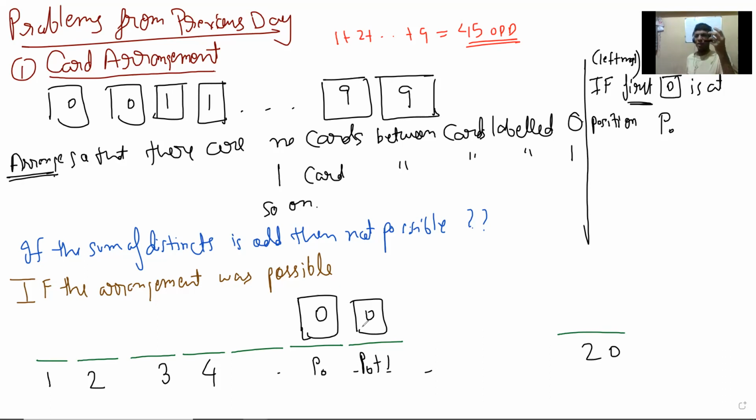To explain that, I don't have to put a label of position and so on, though no harm in putting labels, you have to be comfortable with this. But then the difference between the positions is 1 for cards labeled 0, and for cards labeled 1, the difference between the positions will be 2. But this difference may not be useful, right? It's the sum of the positions that we have to make use of.